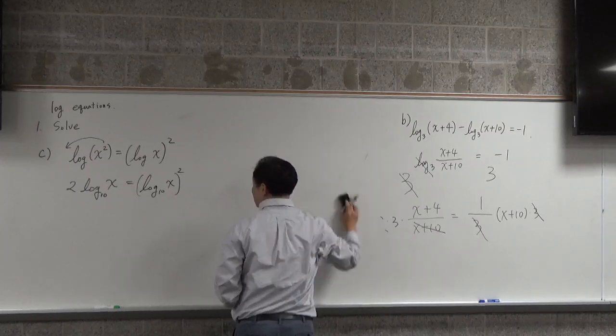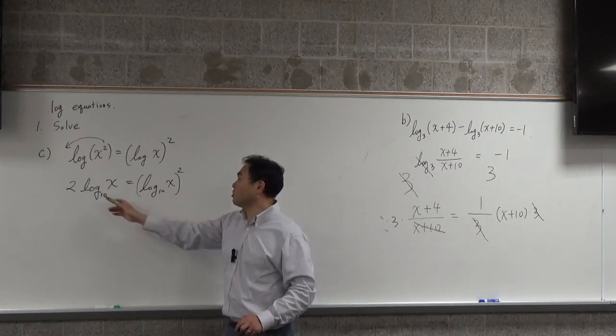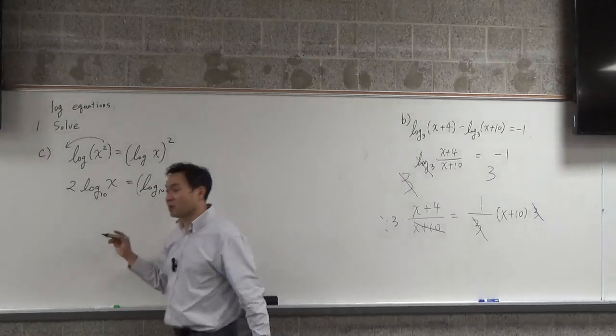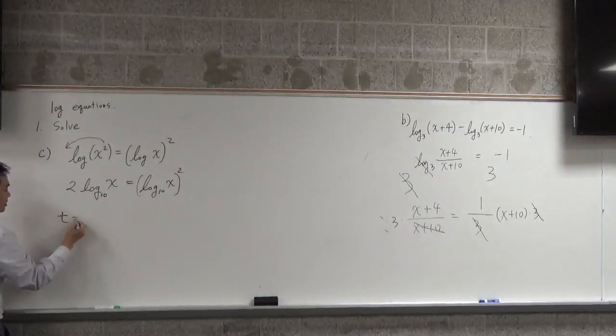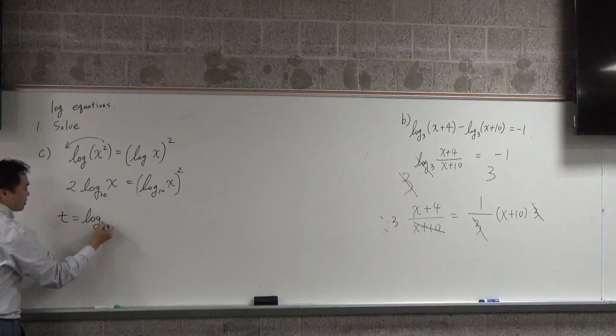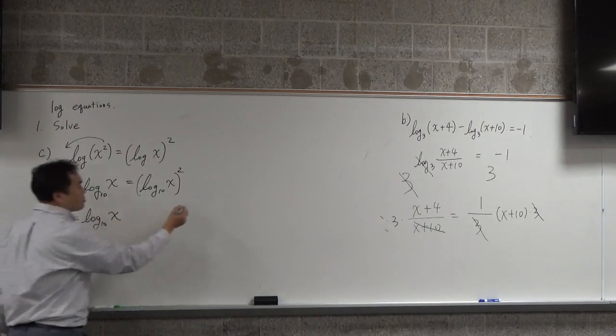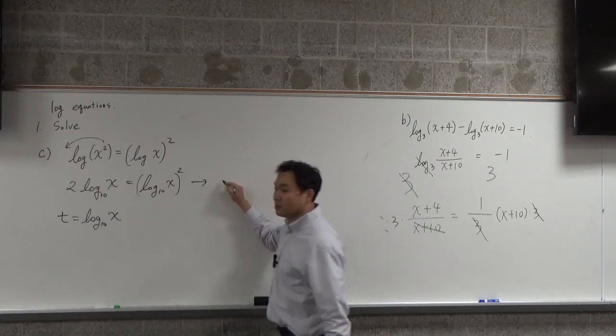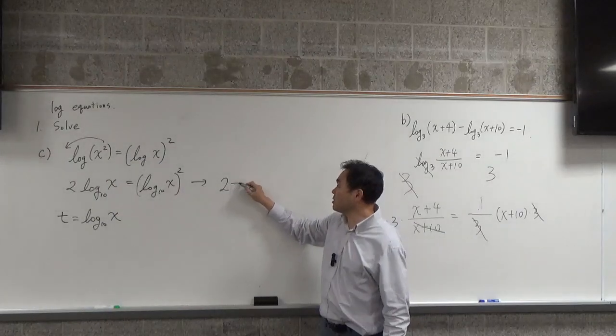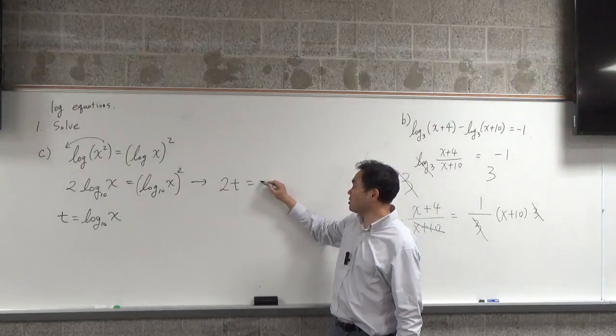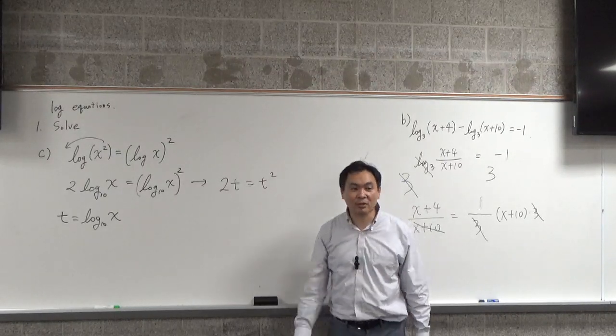So let's try to do substitution. I see log base 10 of x here, log base 10 of x here, so I'm going to say t is log base 10 of x. That means this equation now becomes 2 times t equals t squared. How do you solve this?